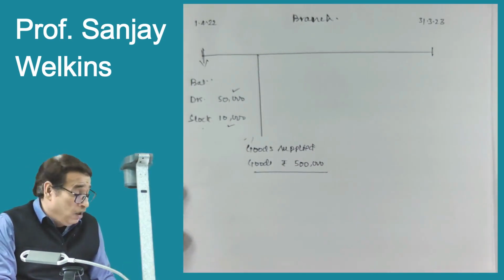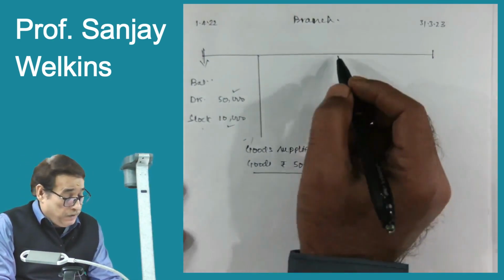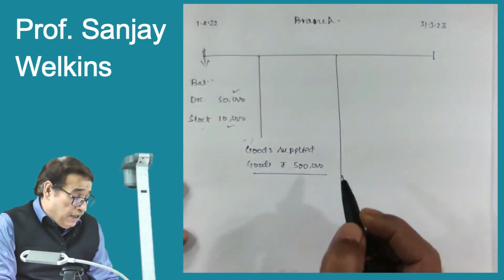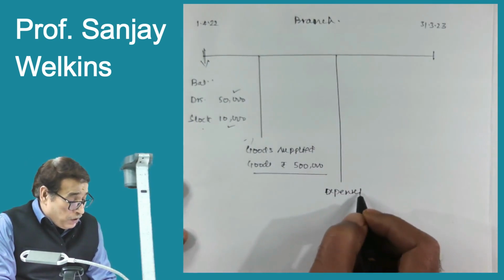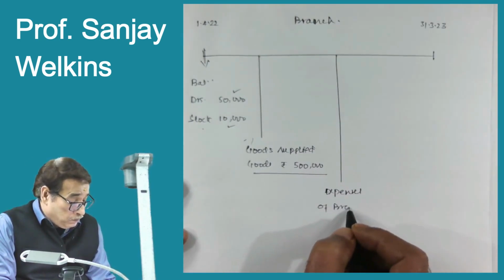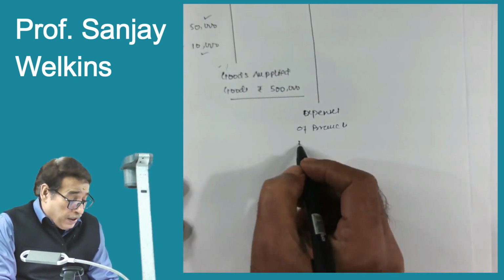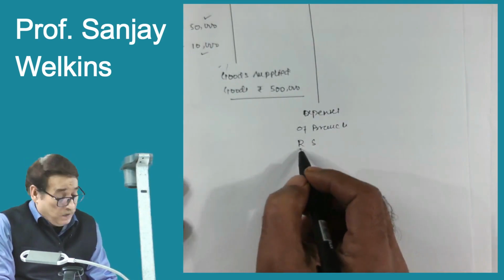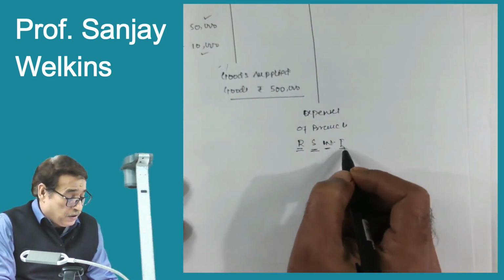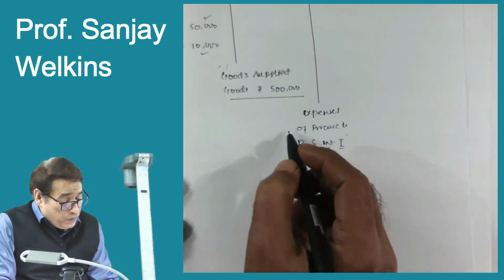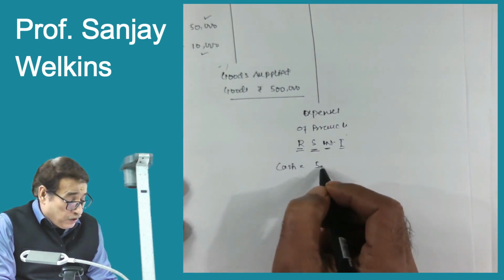As you know, under dependent branches, it is the head office which is going to supply the goods. Similarly, let us say there were some expenses of the branch, in the form of rent, salaries, wages, taxes, etc. For these expenses, cash was sent by head office, let us say to the tune of rupees 50,000.